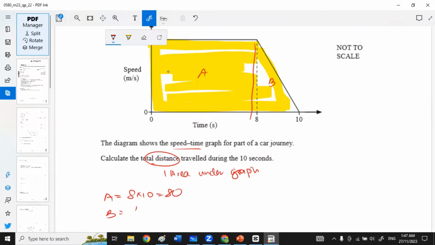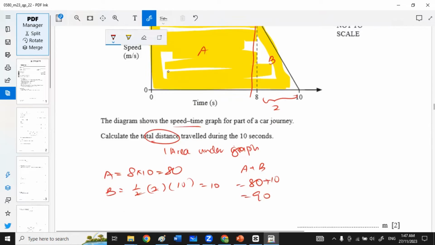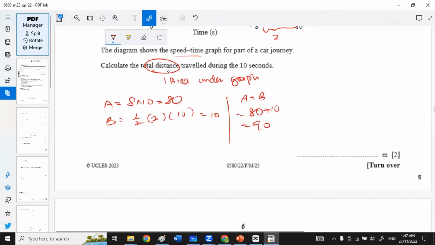And B is equal to half times 2 times the height, which is 10. That will give you 10. So A plus B is 80 plus 10, equal to 90. So the distance is equal to 90.